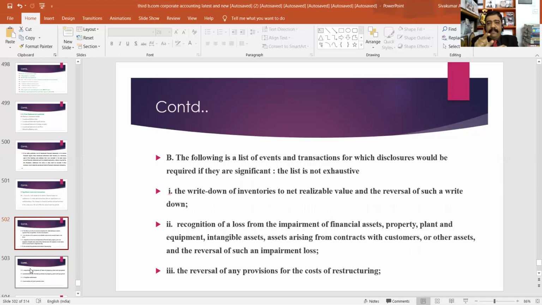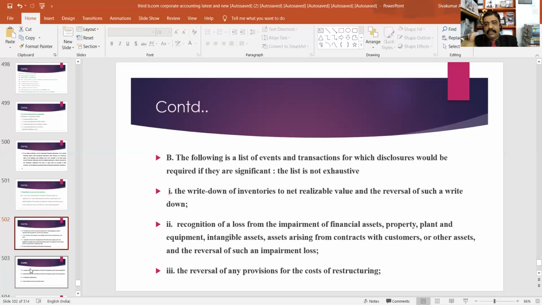Then the following is the list of events and transactions for which disclosure would be required if they are significant. The list is not exhaustive. Ind AS 34 and IAS 34 give a list of events and transactions for which disclosure would be required if they are significant.